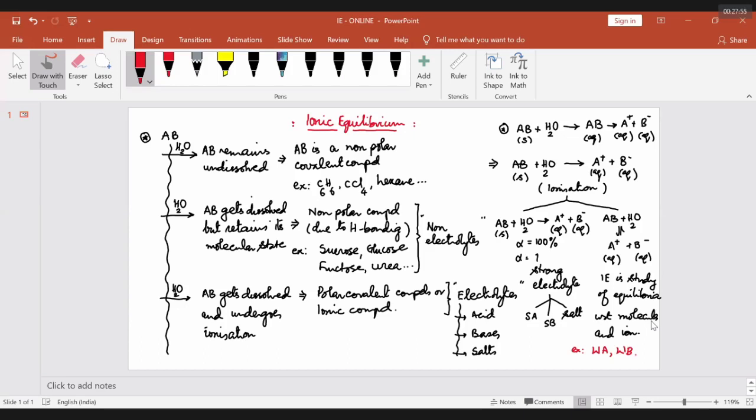I have explained just now the last point only. Ionic equilibrium is a study of equilibria with respect to molecules and ions.